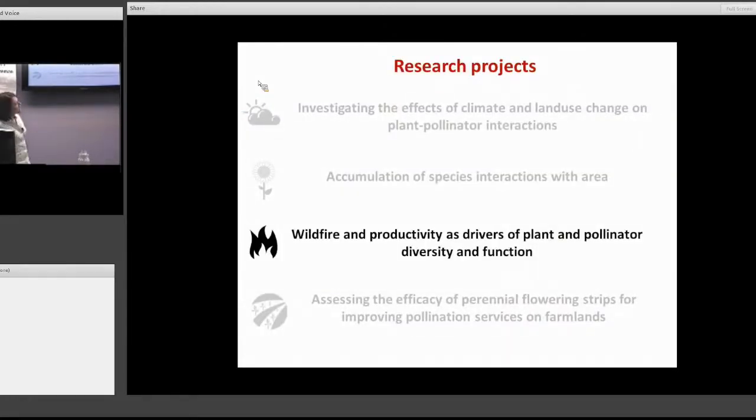Okay. This third project I'm very excited about because we've just started it, and it's a really fun collaboration looking at wildfire and productivity as drivers of plant and pollinator diversity and function. I'm not a fire ecologist, and so I'm learning a lot of new things as we go.